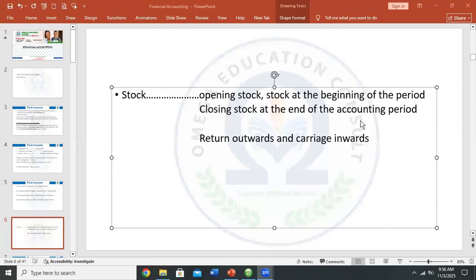So like she rightly put it, return outwards refers to the amount of goods returned to suppliers by a business, right? So it's the amount of goods a business returned to its suppliers. So here we are looking at the sole trader himself or herself going to his suppliers to return goods he or she earlier bought from them.